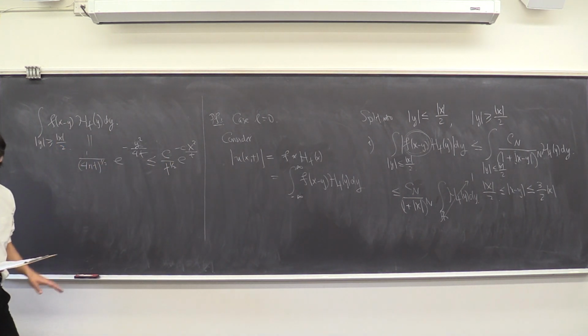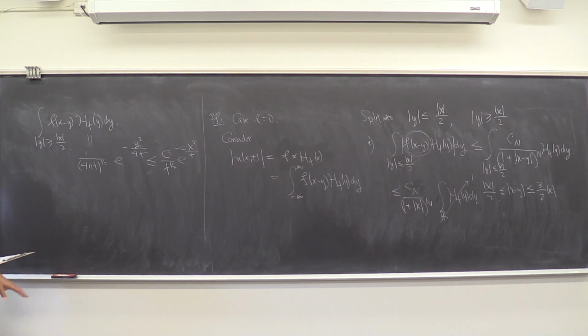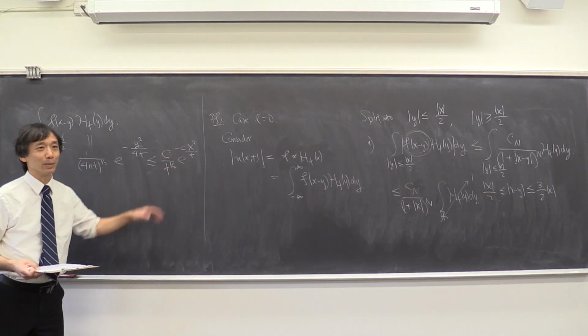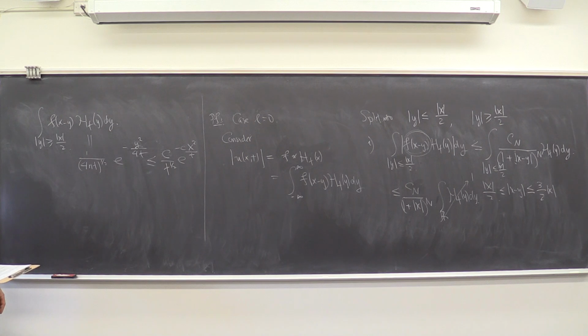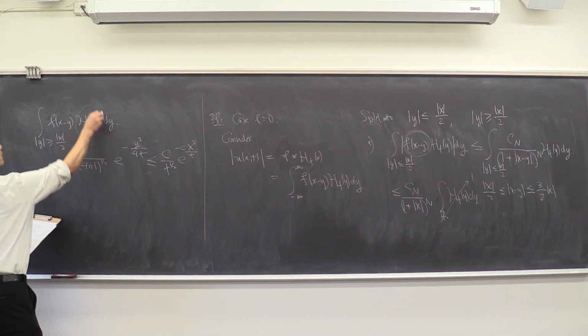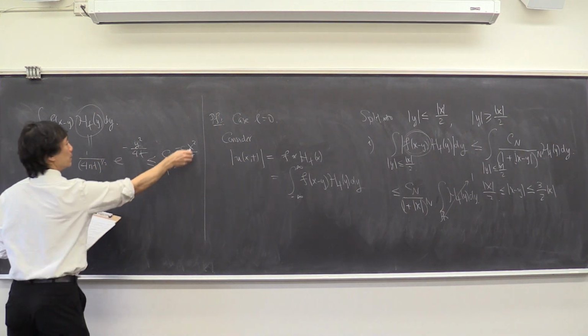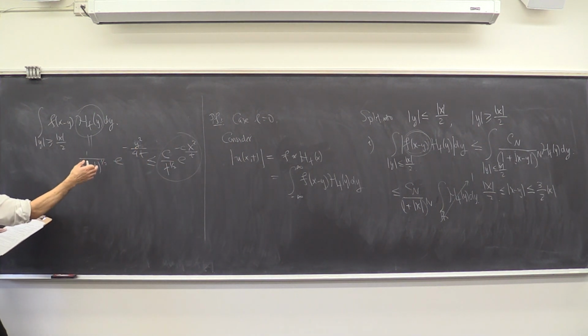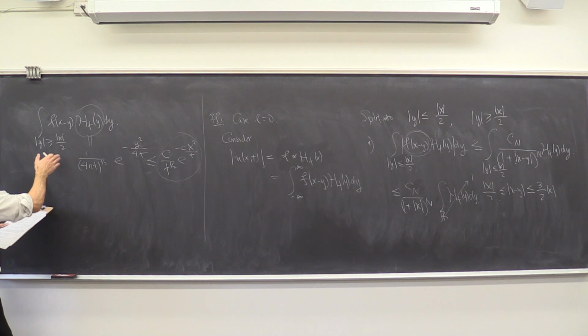Stein turns all the constants into c's, so I'm going to just call them c's. That c is not the same as that c. Okay, so what happens is that this thing in absolute value is controlled by this, independent of y. We can pull it out.